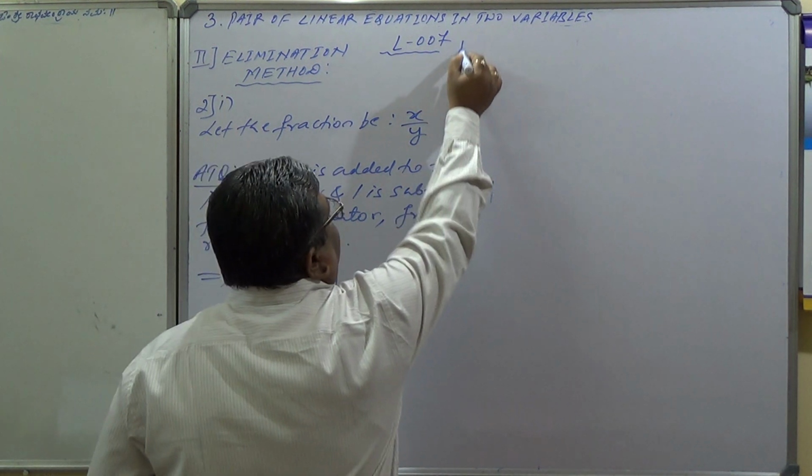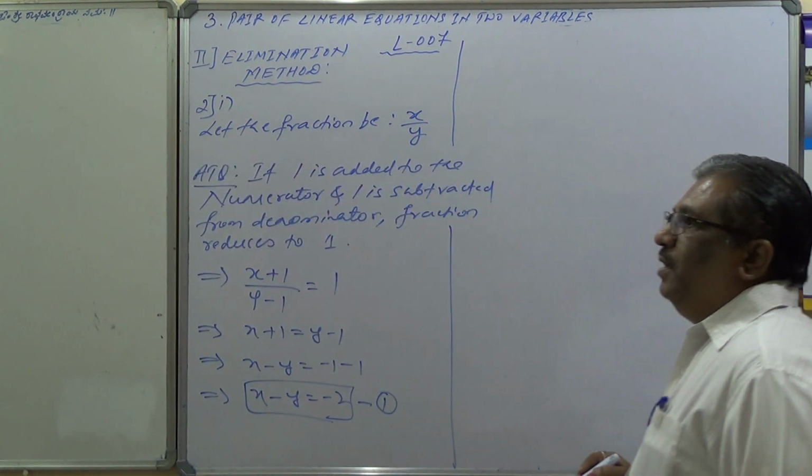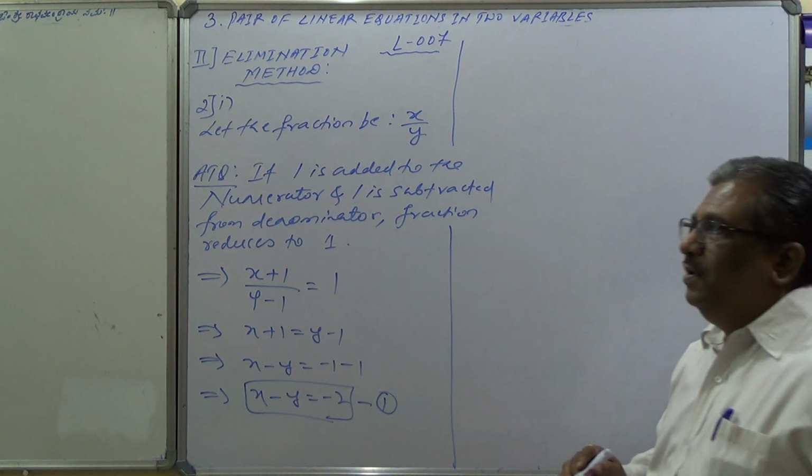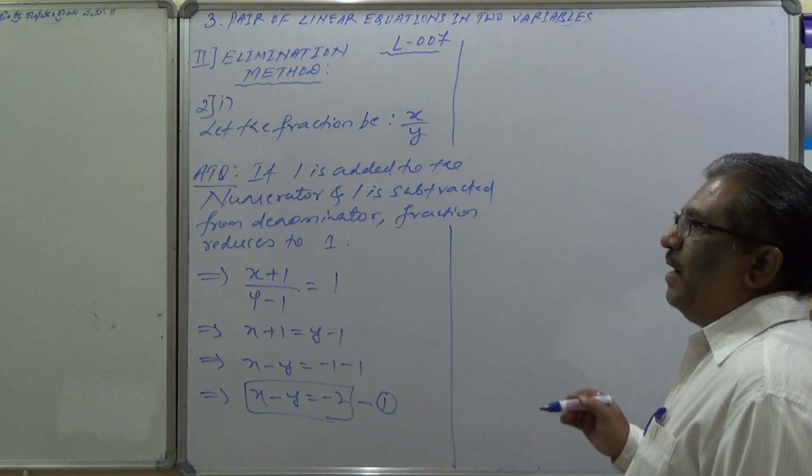Now let us see the second case, second situation. It says if one is added to the denominator, then the fraction becomes half.